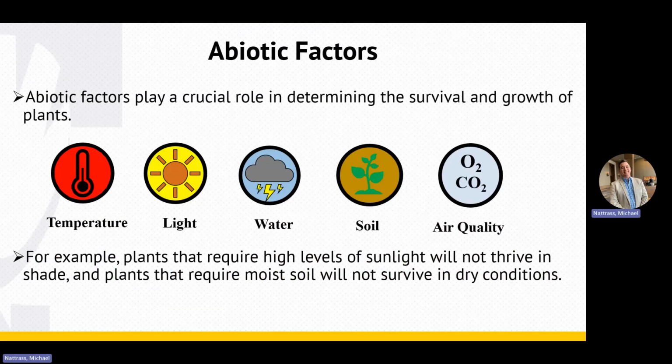So look at some of our abiotic factors: temperature, light, water, soil. I'm a little on the fence about soil, because I generally tend to consider it a sort of living ecosystem that is important for everything else. And then finally, air quality.